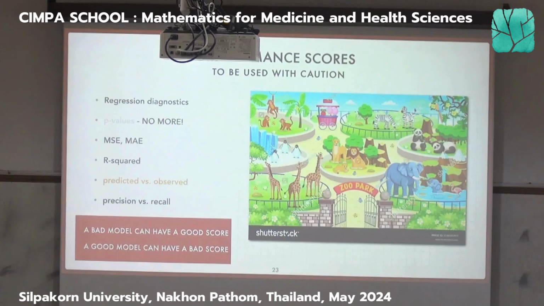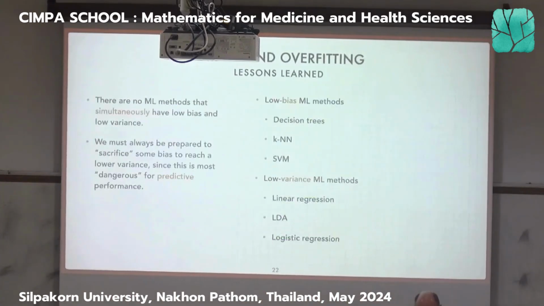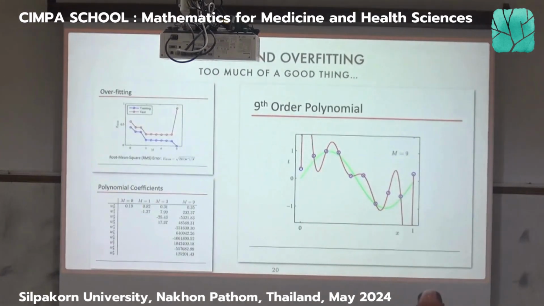I don't have time, I need to come back and spend a few months to show you all these things. But this is a warning. Do not blindly accept the fact that somebody has a small error. If you remember one thing, remember this: small error, very small error, your performance measure, MSE, small errors.